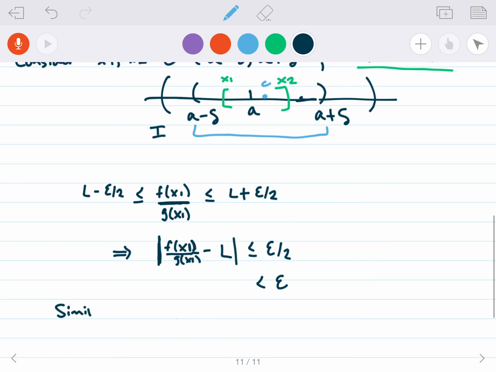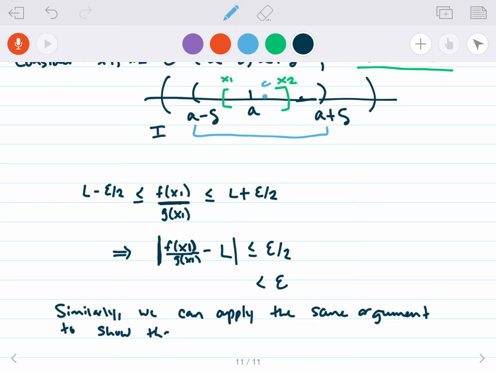So similarly, we can apply the same argument to show that the absolute value of f of x2 over g of x2 minus the limit is going to be less than epsilon.